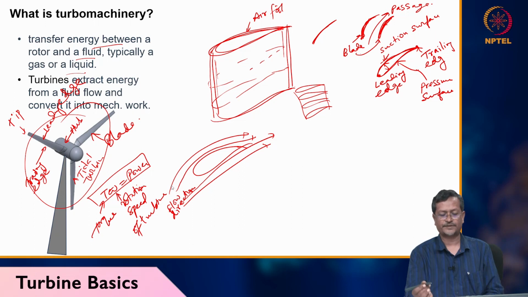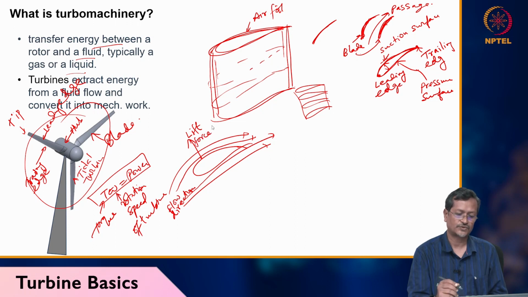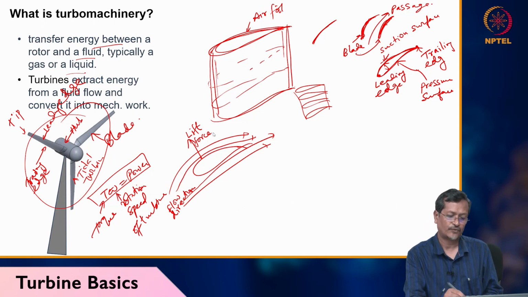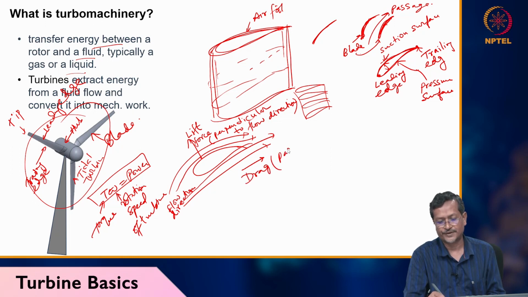So when fluid is flowing over the blade, the blade will get lift and drag. Lift force, or we say lift only, is perpendicular to the flow direction, and drag is parallel to the flow direction.